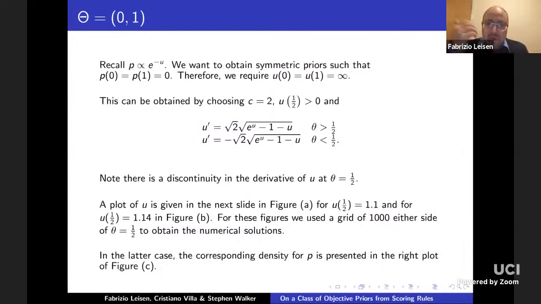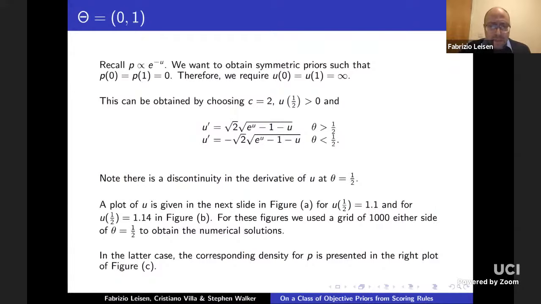So the initial condition positive, and now we select the differential equation with a positive sign for theta greater than 1/2, and the differential equation with a negative sign for theta less than 1/2. You can spot immediately that there is a discontinuity in the derivative of u at theta equal 1/2. This is just because of the change of sign.